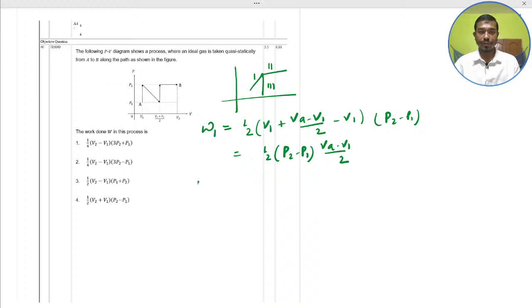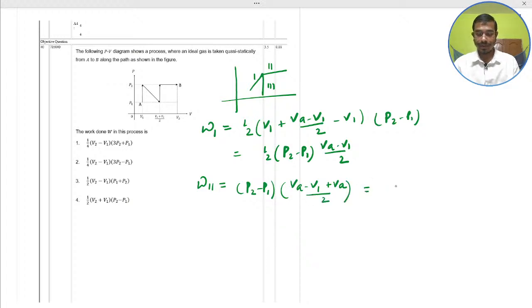Next, path 2. So for path 2, the pressure would be P2 minus P1 and the volume region would be VA minus V1 plus VA by 2.